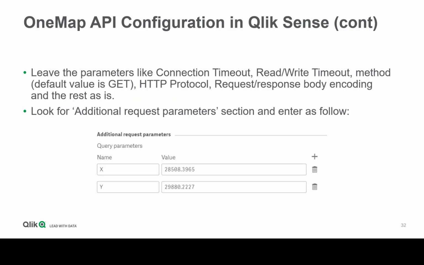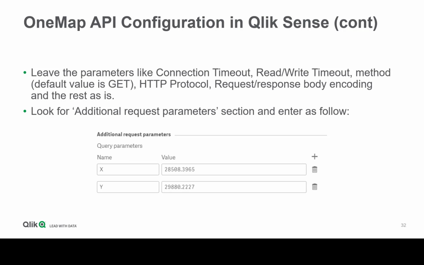You can leave the parameters like connection timeout, read or write timeout, method (the default value is GET), HTTP protocol, request or response body, encoding, and the rest as is. As this API requires two parameters, X and Y, we need to fill in the values.